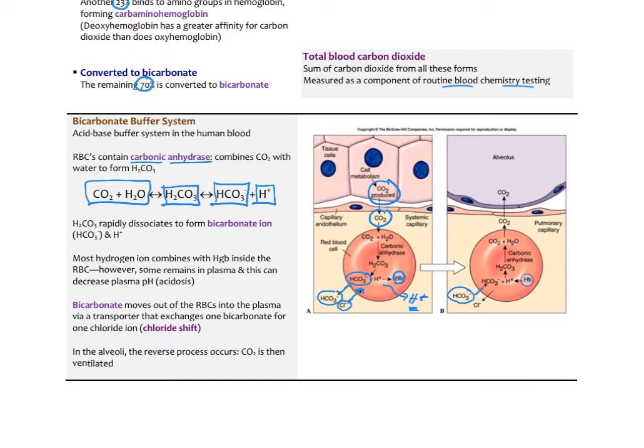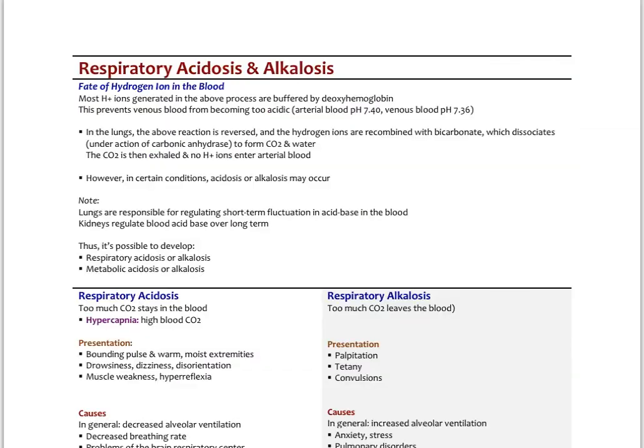It's combined with the hydrogen ion from hemoglobin to become carbonic acid. And then it's going to dissociate via carbonic anhydrase back into CO2 and water. And the CO2 now will diffuse out of the red cell into the alveolus and be exhaled. And chloride will have shifted back from the red cell to circulation. So complicated process, but that is how the majority of CO2 is actually carried around the blood.